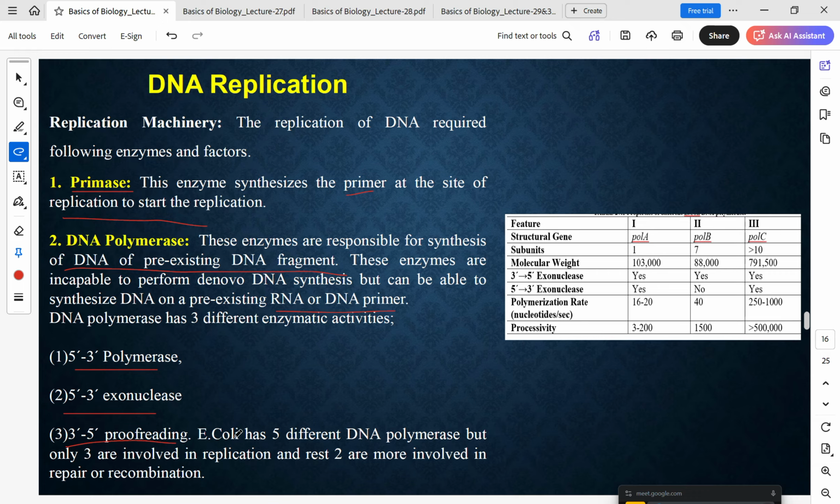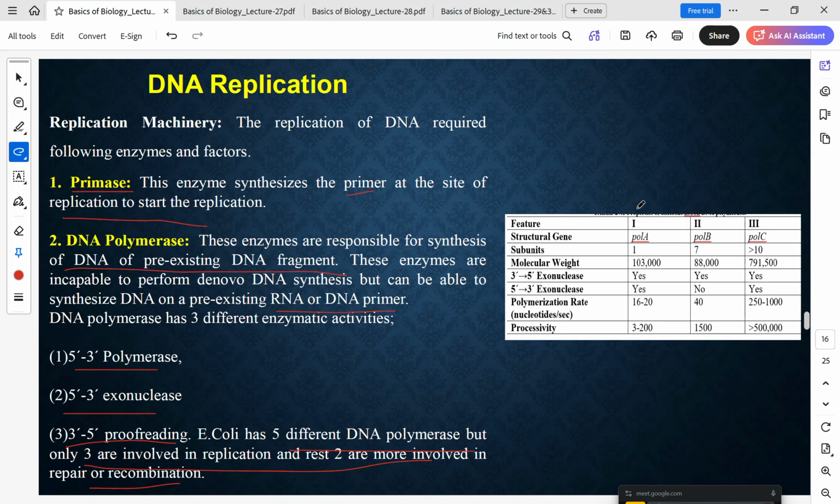The proofreading becomes very essential in case the polymerase is very prone to errors. Then the proofreading machinery comes in, repairs the errors that might have happened during the process of copying the information. In case of E. coli, there are 5 different DNA polymerases, but only 3 are involved in replication. The rest 2 are involved in repair or recombination.